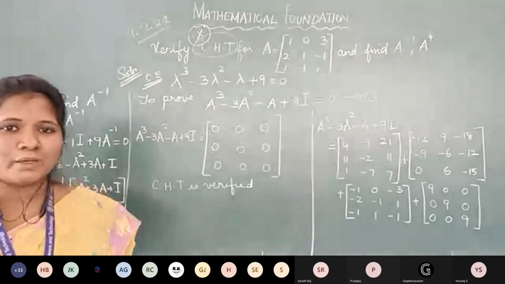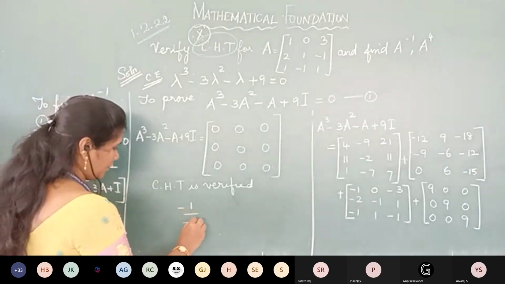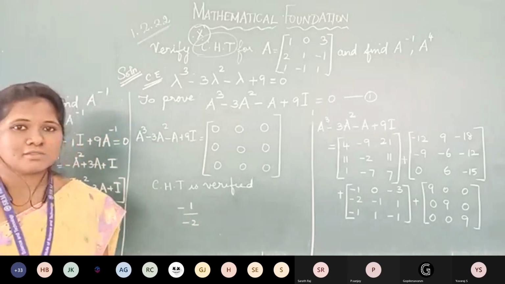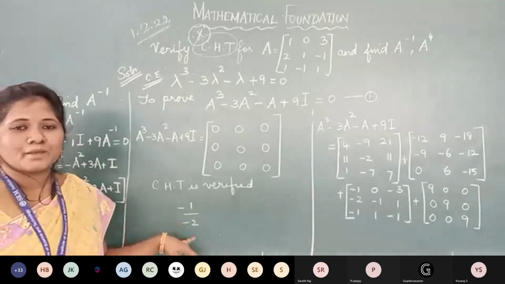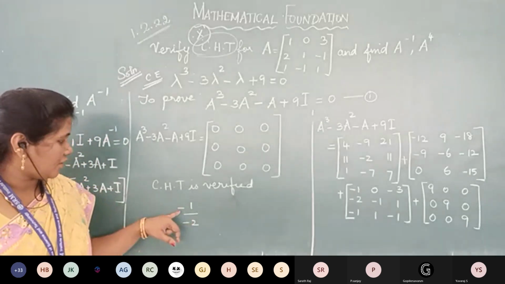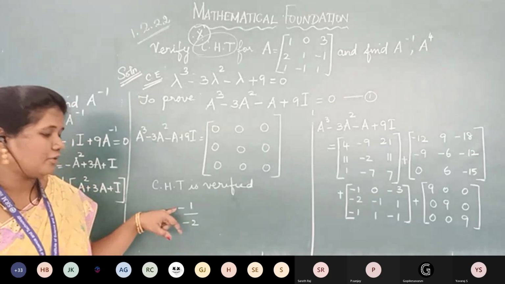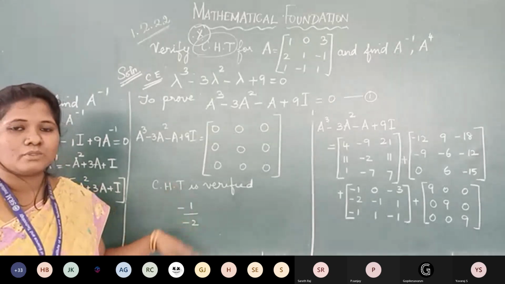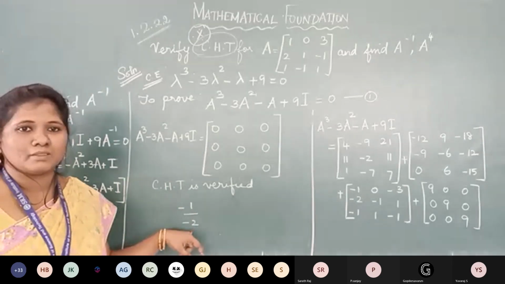Here, for this 1 by 2, minus into minus, 2. This is the problem from yesterday. Here you have got minus 1 by 2. Already there's one minus. When you take this 1 by 2 inside, it becomes minus 1 by minus, divided by a minus.